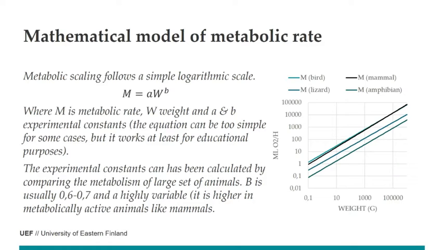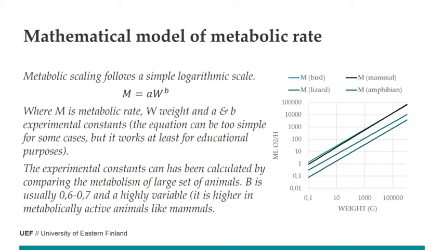When comparing different kinds of animals, we can see here 4 lines on a logarithmic scale. On the Y axis is how much oxygen they consume per hour, and on the X axis is the size of the animal. On top are birds and mammals, which go pretty much the same way.